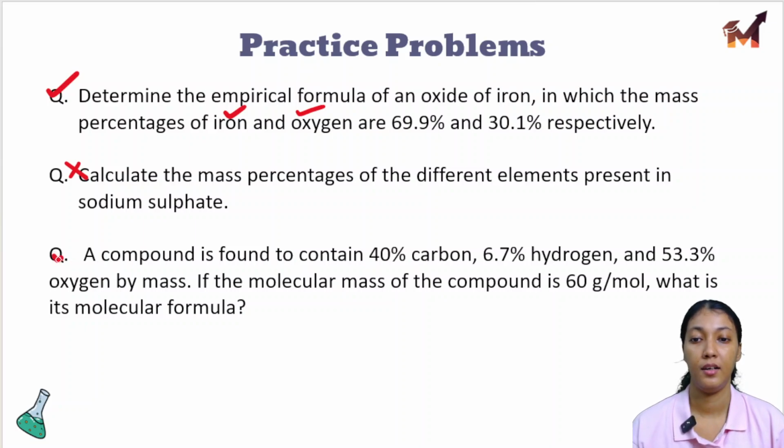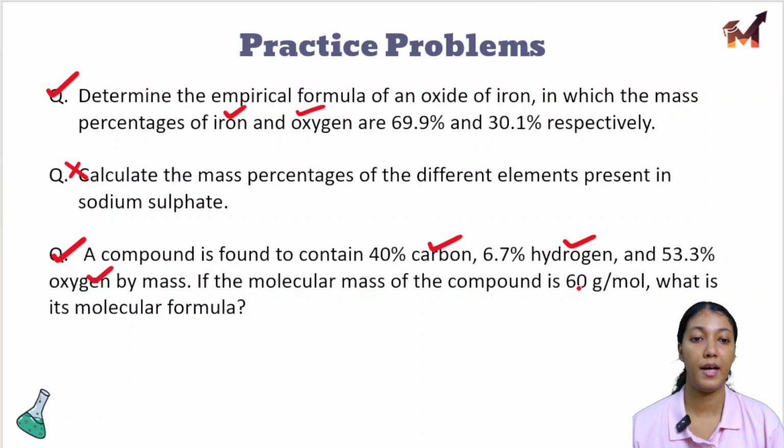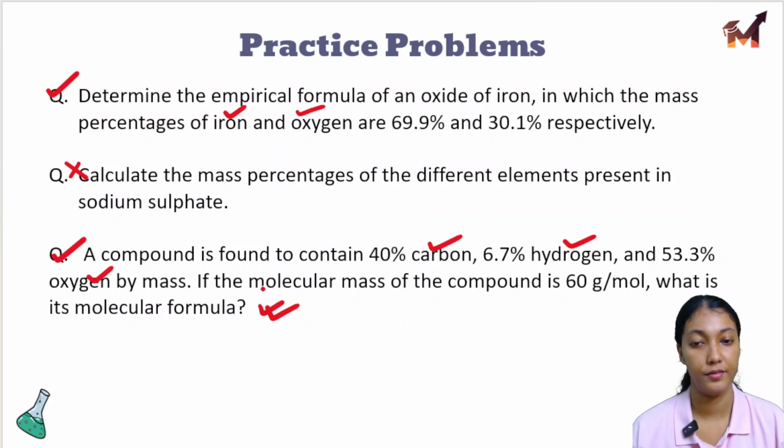So this is again a step-by-step process. कार्बन है 40%, हाइड्रोजन है 6.7%, ऑक्सीजन है 53.3% by mass. If the molecular mass is 60 gram per mole, then what will be the molecular formula? So this is another question for you to solve.